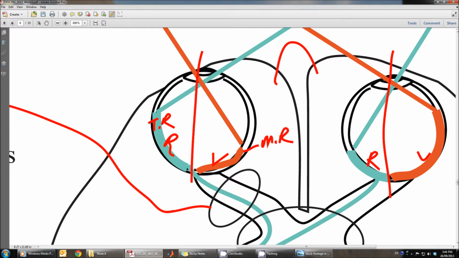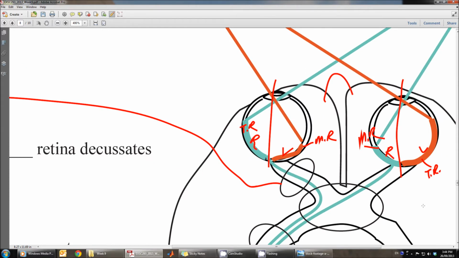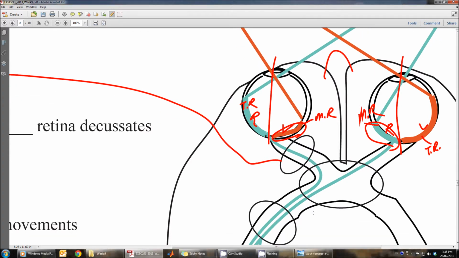Same with the right eye, nasal retina close to the nose, and temporal retina close to the temporal bone. So information from this side and information from that side will cross over to the other side. And temporal retina is ipsilateral, which means it doesn't cross over, it stays on the same side.